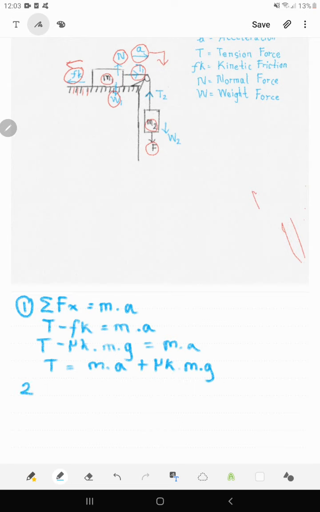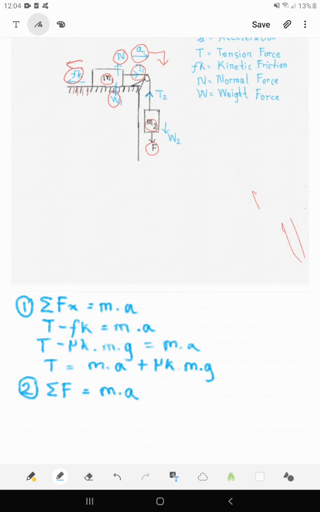For the second object, we will use the formula sigma Fy equals m times a. This sigma Fy is used because the second object's forces work on the y-axis.